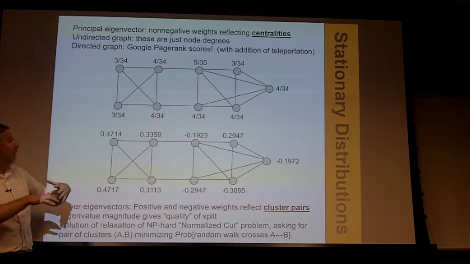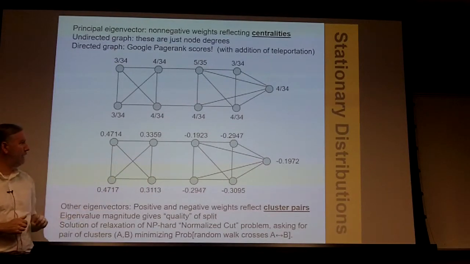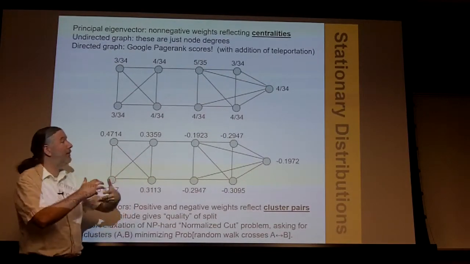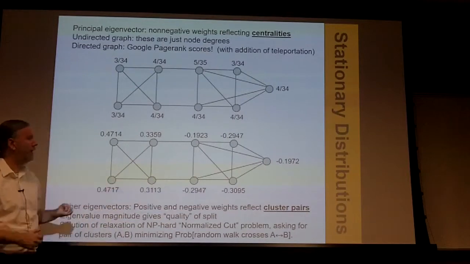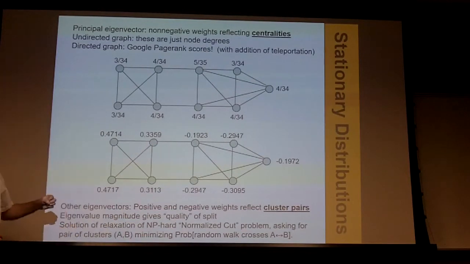This is a continuous version of that. The nodes have real-valued weights, some positive and some negative. So it's more of a fuzzy, continuous clustering that we're getting here. It's not zeros and ones. But if we relax the problem, it becomes easy to solve, and the answer turns out to be an eigenvector, and we'll see why later in the talk.